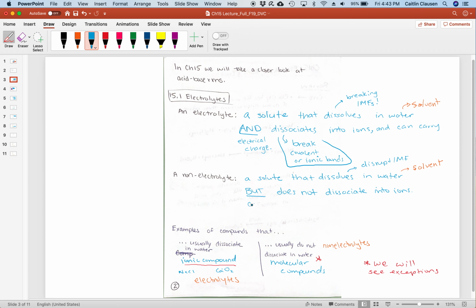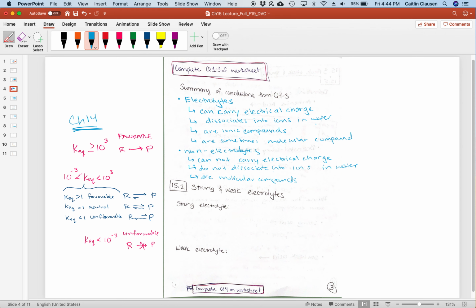And here, non-electrolytes cannot carry electrical charge. So those are our full definitions of what an electrolyte is and what a non-electrolyte is. So now we can go on to describe strong and weak electrolytes.